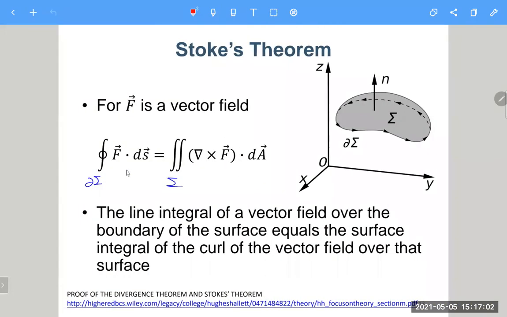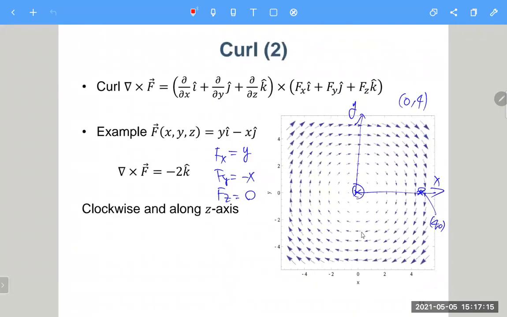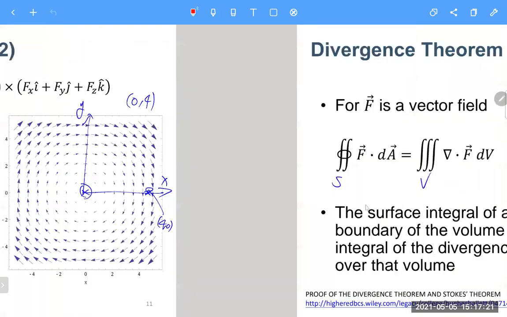And for this one, it is even more weird, because calculating the curl is like you try to see whether the vector field is rotating over a point.